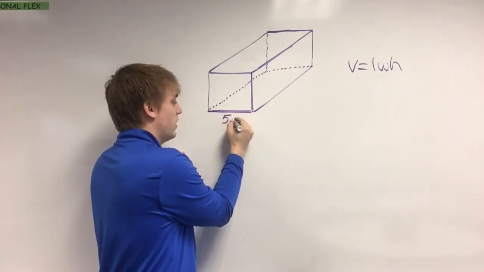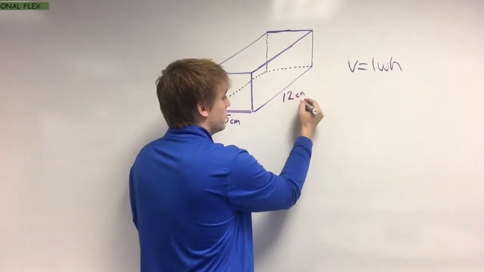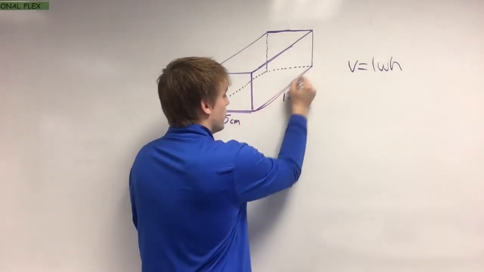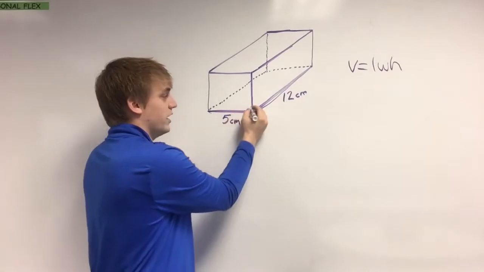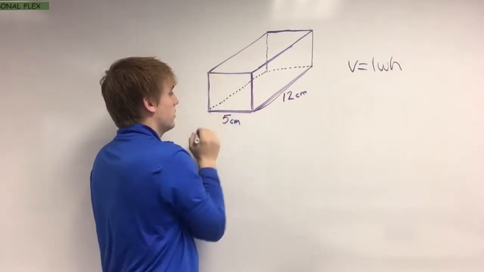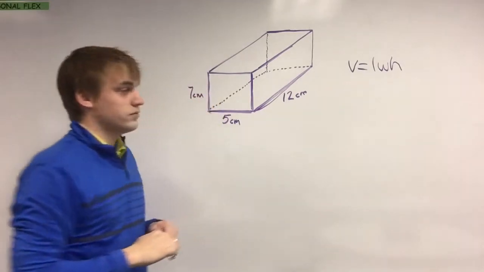Let's just say that's 5 centimeters. Let's say this is 12 centimeters, because this is on the bottom of the rectangle. If you can visualize that. And then you need the height, which would be one of these lines. Let's say that that's 7 centimeters.